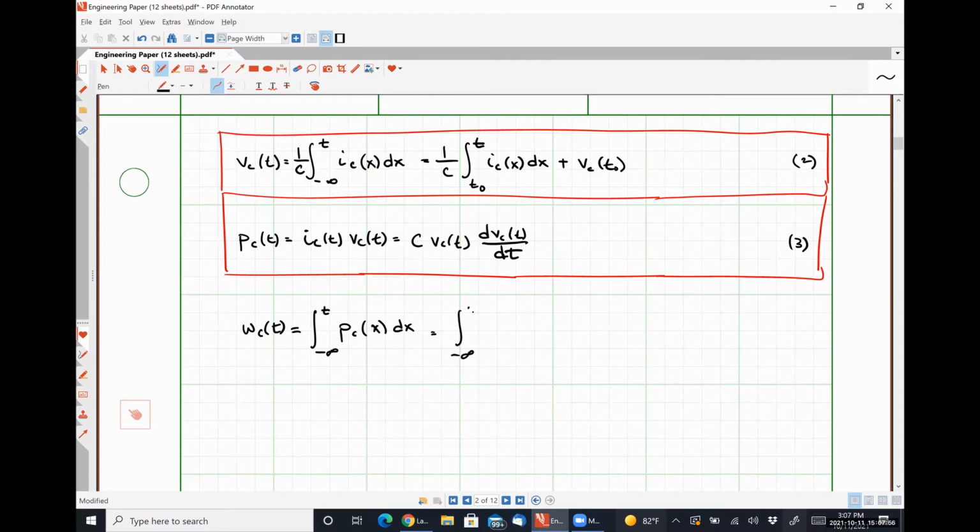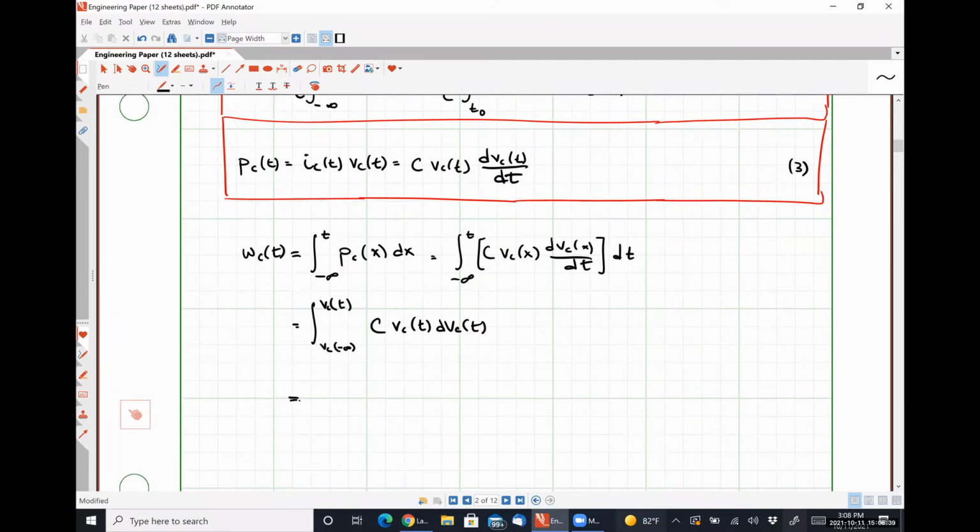Substituting in our previously derived relationship, this is going to be the integral of C VC dV by dt dt, which looks like the integral from our capacitor voltage at -infinity to our capacitor voltage at present time t of C VC dVc.